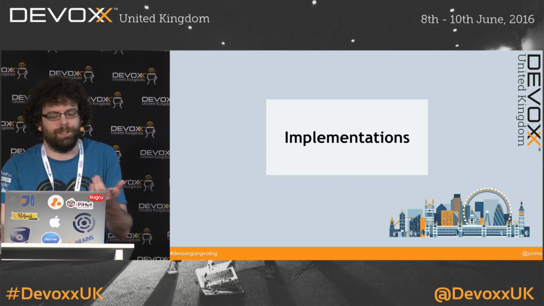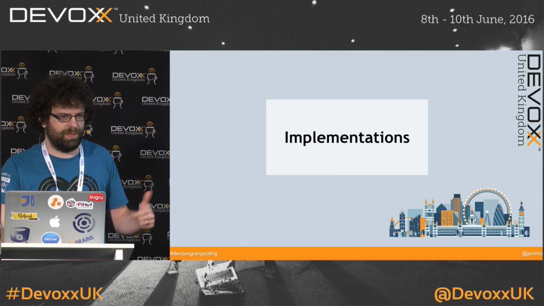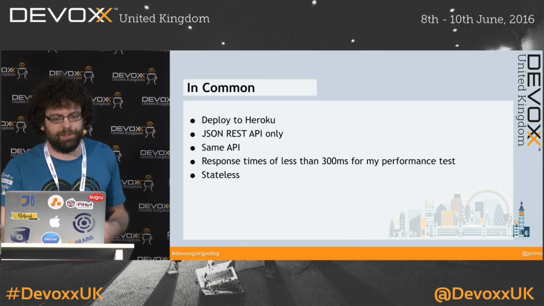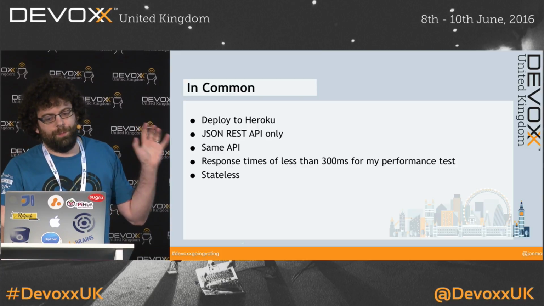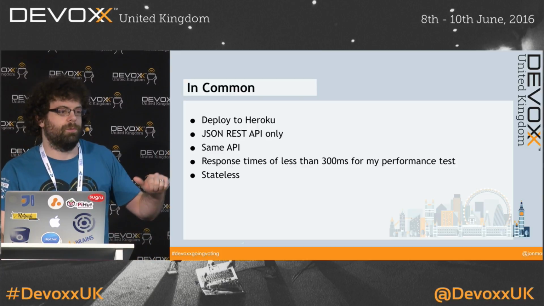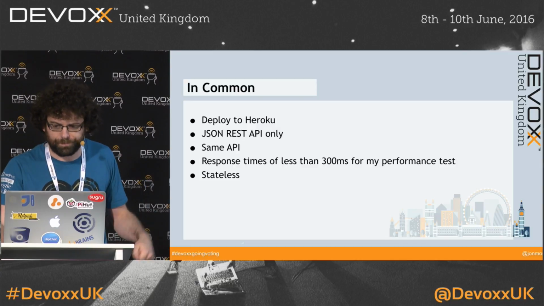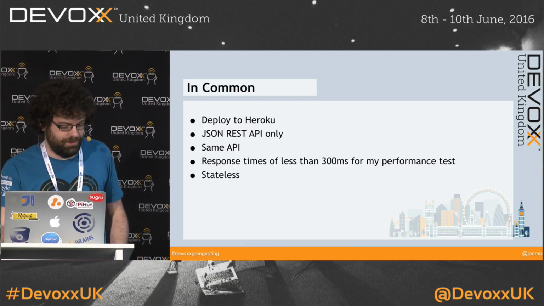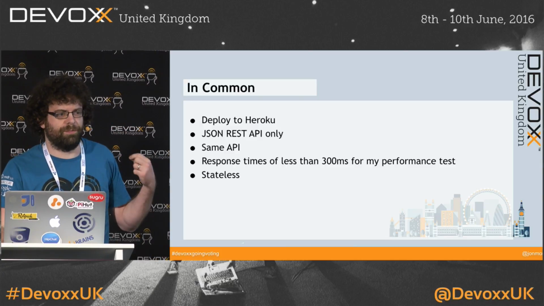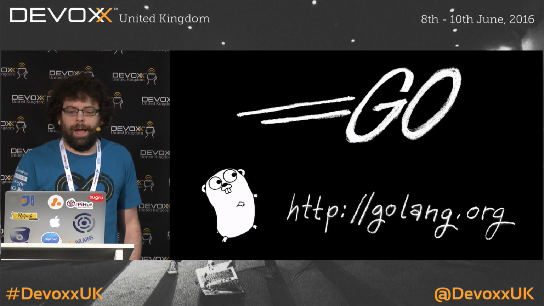So we're looking at the implementations. I did multiple implementations for different iterations of the conference. All of them have common platforms, so they're all deployed to Heroku, and they're a JSON REST API. So I thought, well, what's the perfect language to write something for a Java conference, which is clearly Golang.